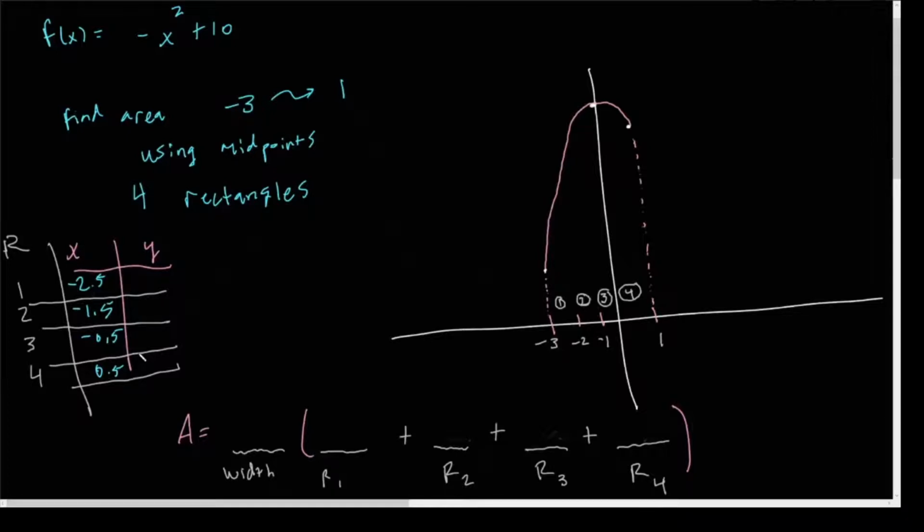Negative x squared plus 10. y1 of negative 2.5, I get 3.75, 7.75, 9.75, and 9.75.